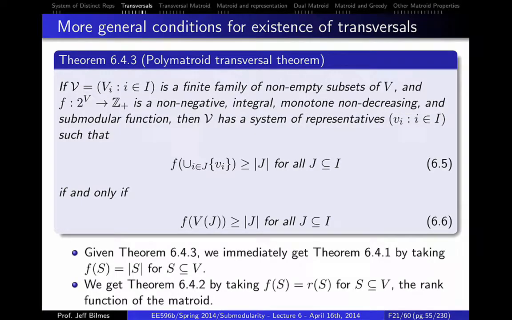So now, armed with that, proving this theorem becomes very, very easy. Because remember we're assuming 6.6 and we want to show that there's a system of representatives where 6.5 holds. What we're going to do is start pruning off elements from V until we have essentially a set of elements left, which is going to correspond precisely to this equation. Namely, we're only going to have one set of elements left.